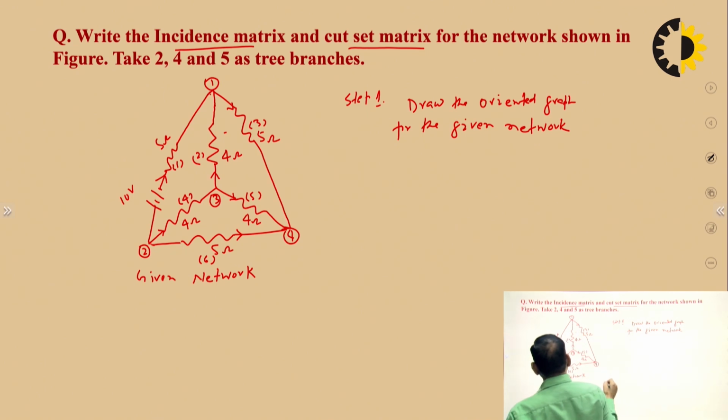For the cut-set matrix, you have to take 2, 4, 5 as tree branches. So we'll discuss that later on.